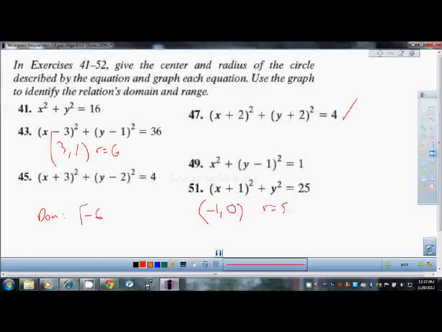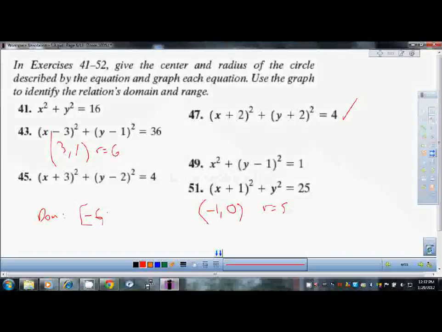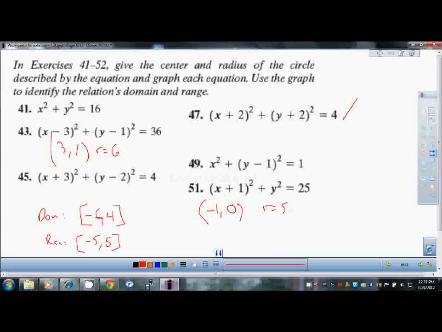Domain. -1 plus 5. 4. Now for the range. And you're welcome to graph this and visualize it if that's the way you prefer to do it. 0 minus 5. 0 plus 5. And there's your range. And like I said, if you graph it, you can see it. You're more than welcome to do that.